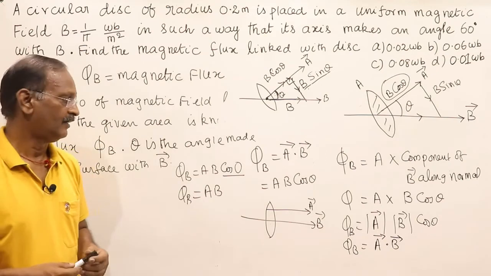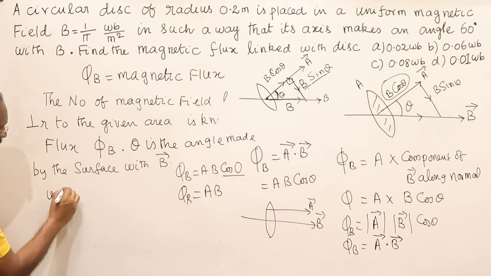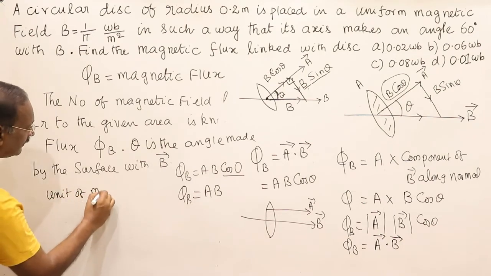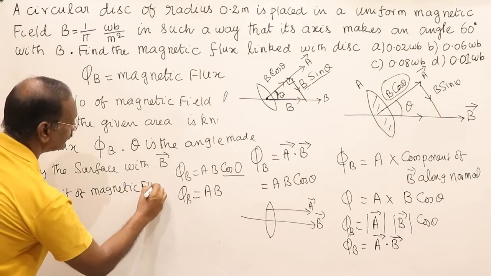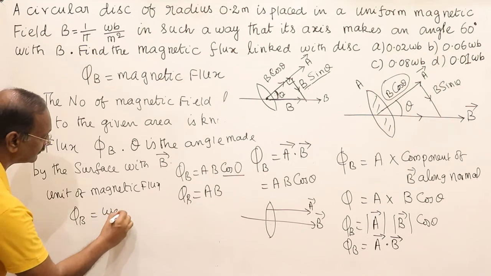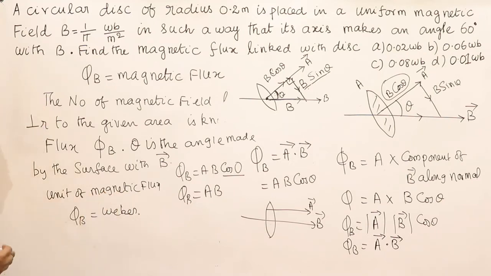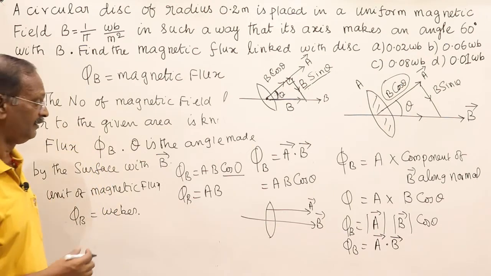And what is the unit of magnetic flux? The unit of magnetic flux is Weber. We have to remember, it will always be given as Weber per meter square. So what is the unit of B?